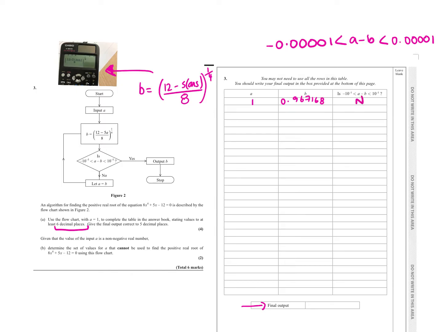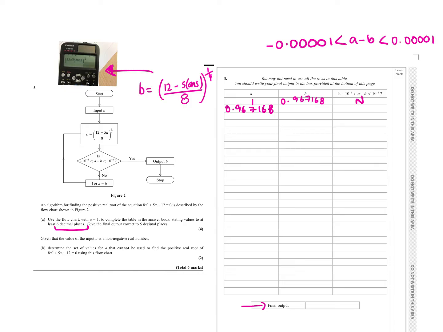Right, now guys, it now says, no, let A equal B. So for A, guess what we're going to write? What B was. And then, in our calculator, we already set it up. We did the 1 equals, didn't we? And we had 12 minus 5 lots of the answer, over 8, all to the power of a quarter, yes?